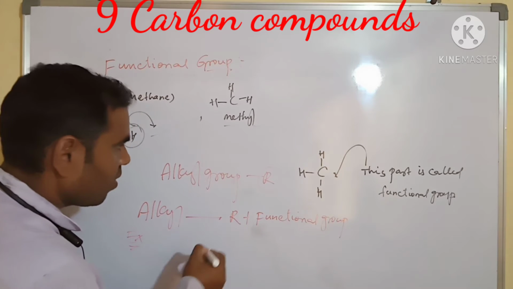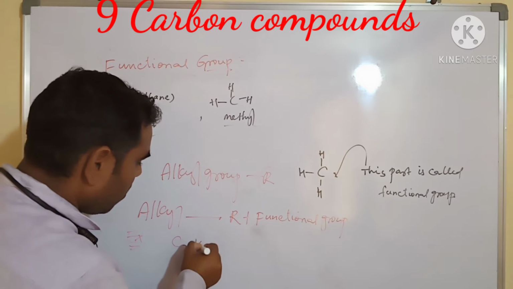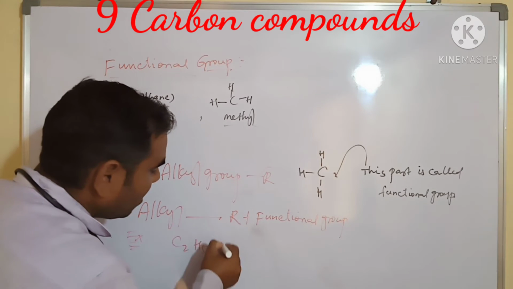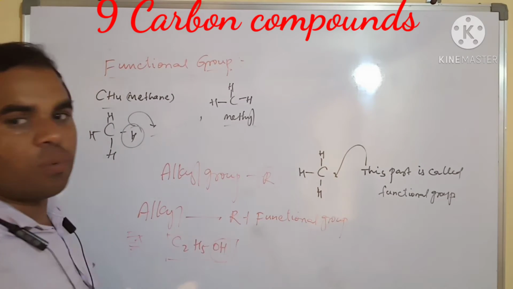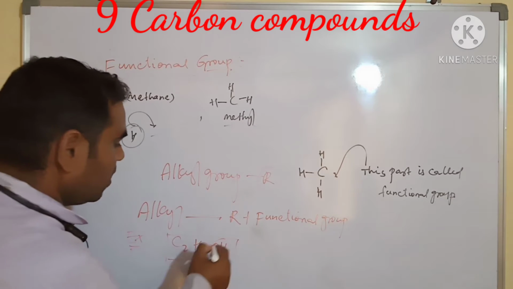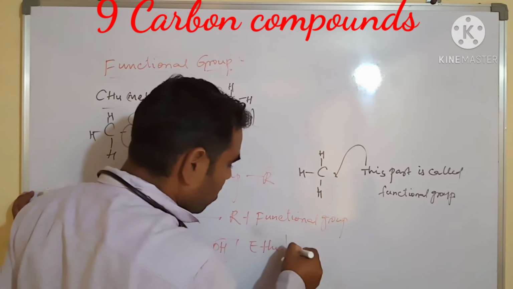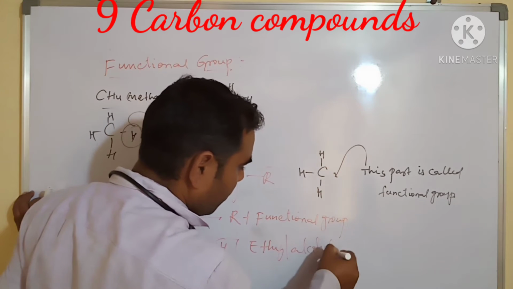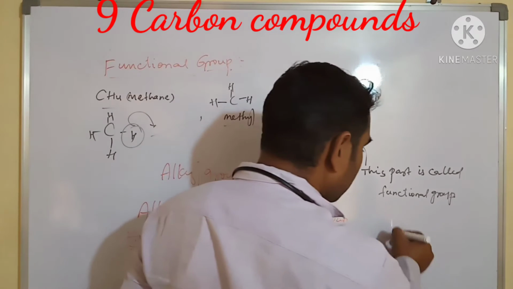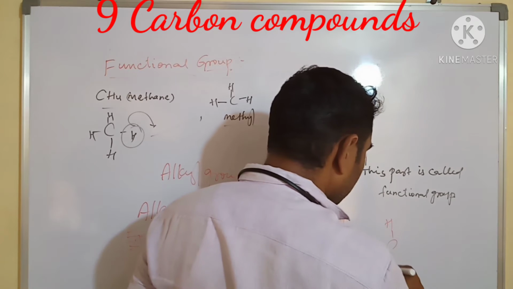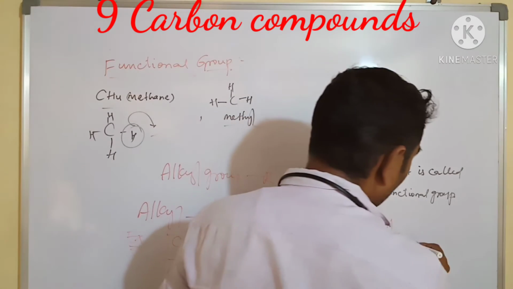C2H5 and here we add the OH. This is the functional group, and we call this ethyl alcohol. Next, this one, and here we add one functional group OH.